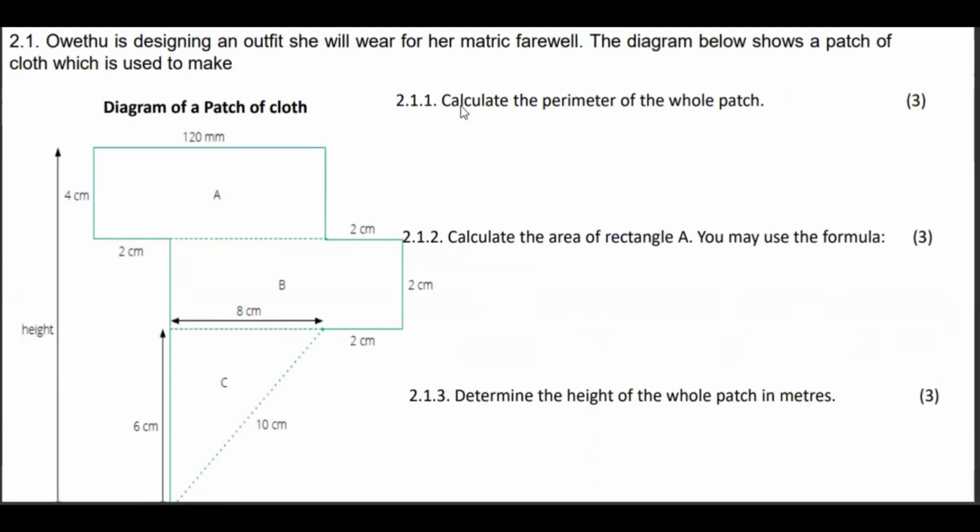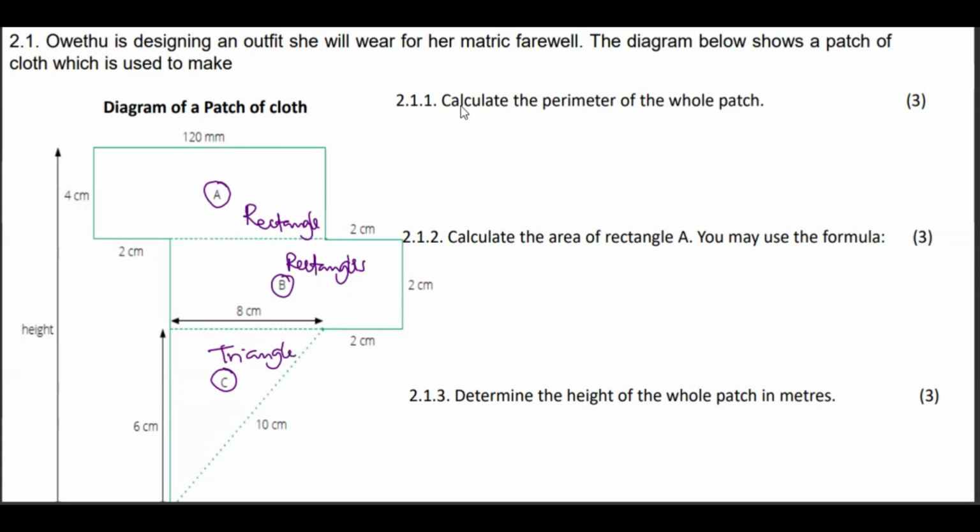Now, this is a combination of shapes. We have shape A, shape B, shape C. These are rectangles. And there's only one triangle.